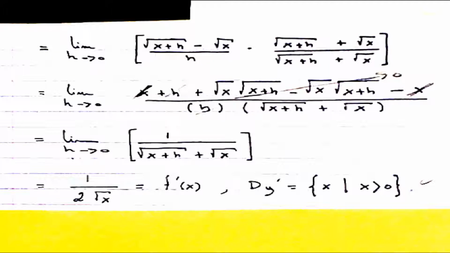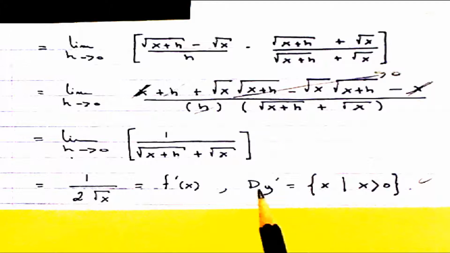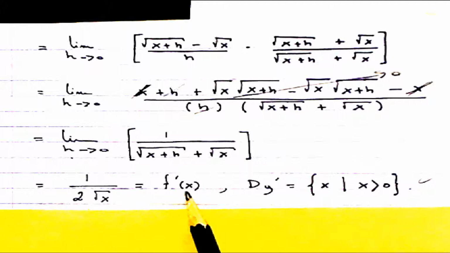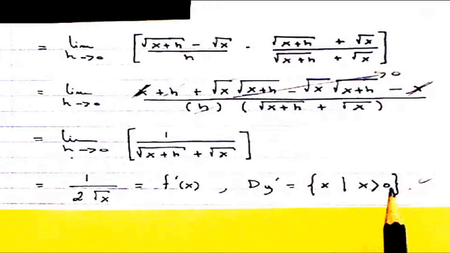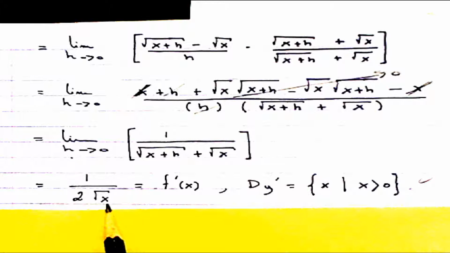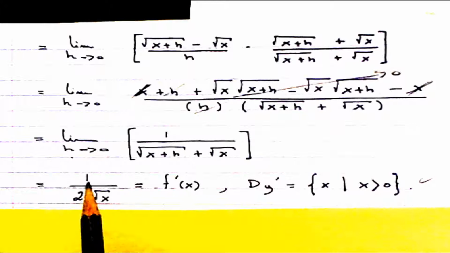Another notation I wrote to help you out is the derivative of the function y, with the domain for all x such that x is greater than 0, because x cannot be a negative number down there, and also cannot be 0, because if it's 0, it will be undefined.